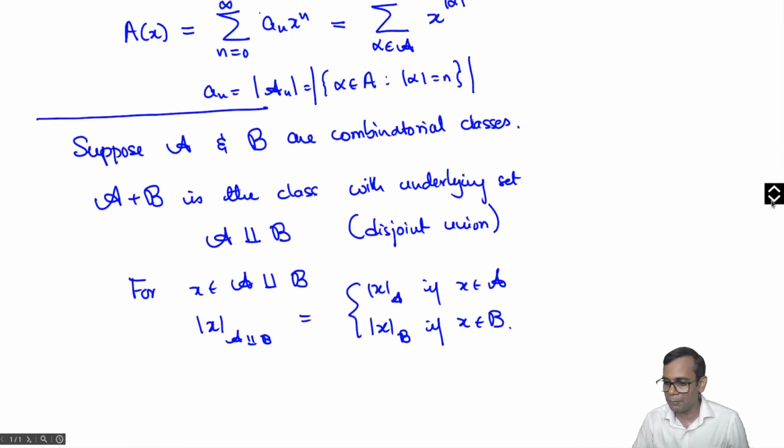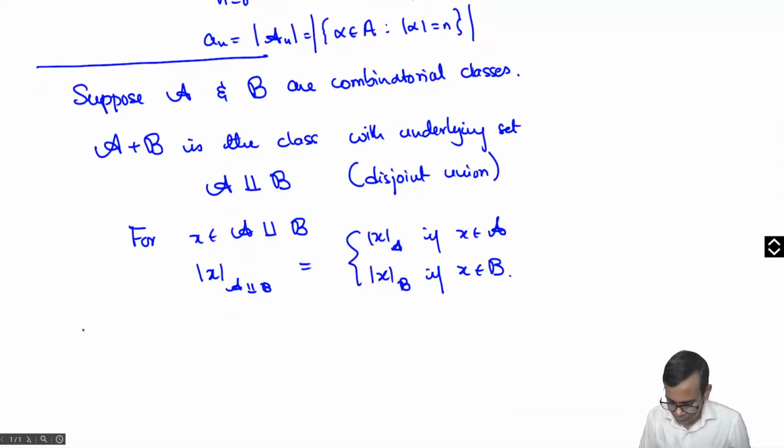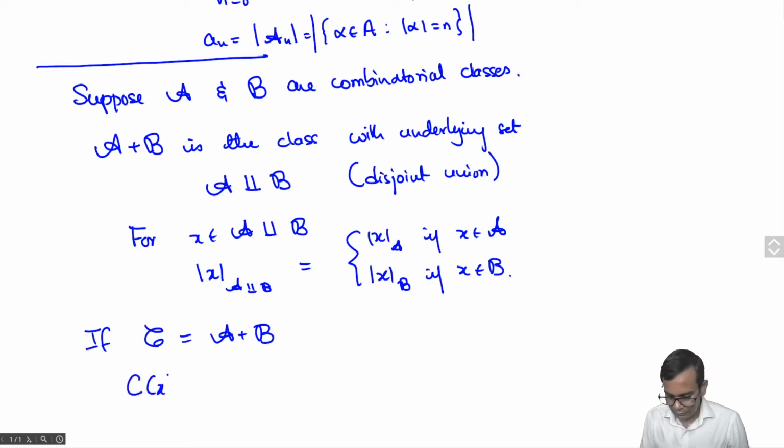And this name A plus B is suggestive because if C is equal to A plus B, then the generating function for C is given by the sum over all alpha in C of x to the power size alpha.